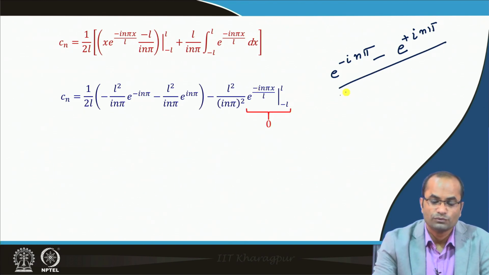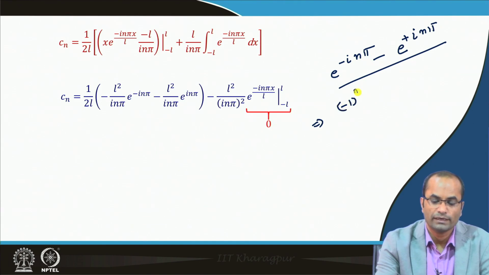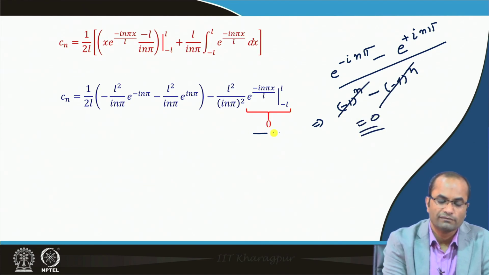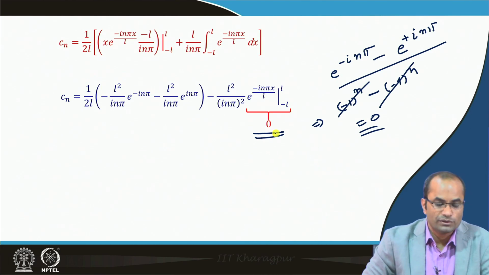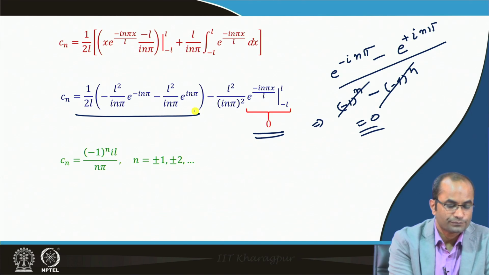So, we have these two terms, and the first one is minus 1 power n and the second one is minus 1 power n, the same thing but with the minus sign. So, this gets cancelled, and therefore we have this value 0.